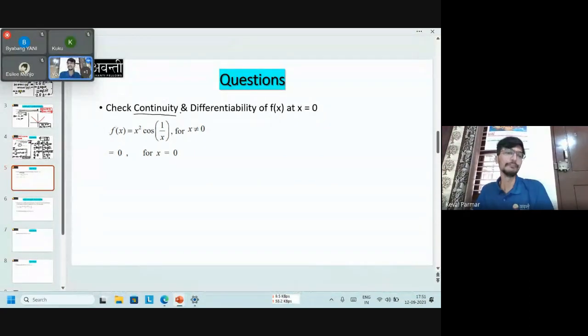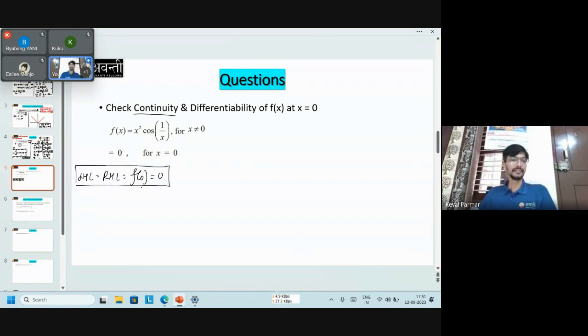And if you remember, LHL equal to RHL equal to f of 0 all came equal to 0. I hope you remember it. So that means it is continuous at x equals to 0. Now, let's check for differentiability.